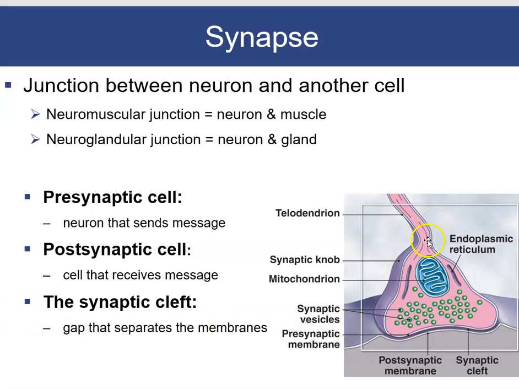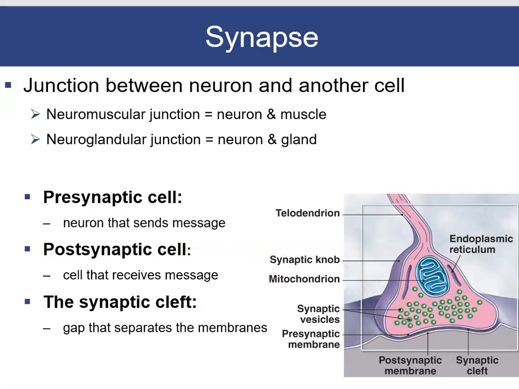The terminology we use: we have a presynaptic cell. This is the neuron that sends the message. Presynaptic, before the synapse. We have the postsynaptic cell. This is the cell that receives the message after the synapse. And then we have the synaptic cleft. This is the gap that separates the two membranes.